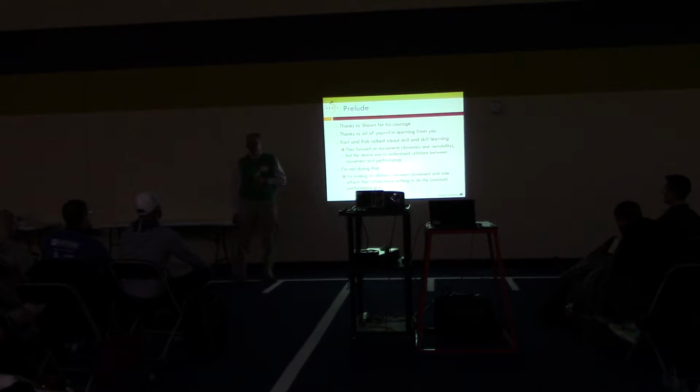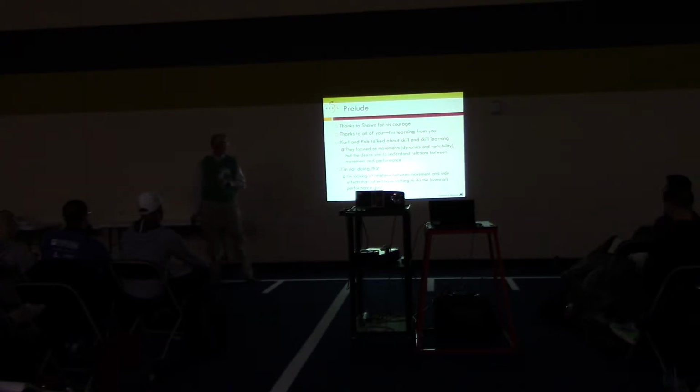There is a contrast between what I'm going to talk about and what the previous speakers talked about. Carl and Rob, I hope they don't mind me characterizing their talks, talked about motor skill and motor skill learning. They focused on movements in terms of the dynamics of movements and the variability of movements.